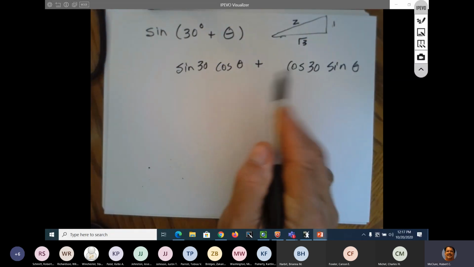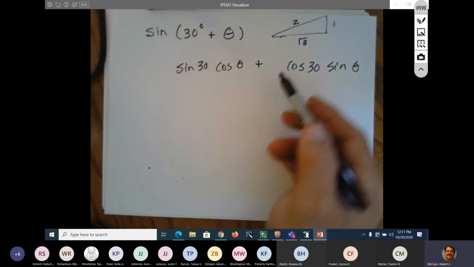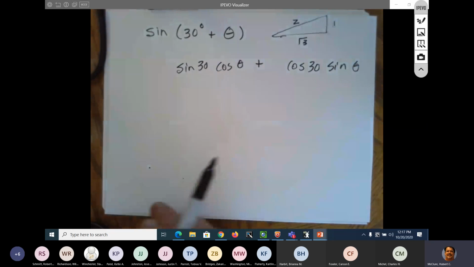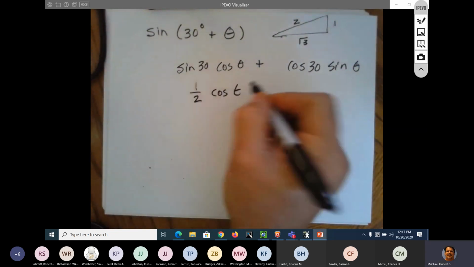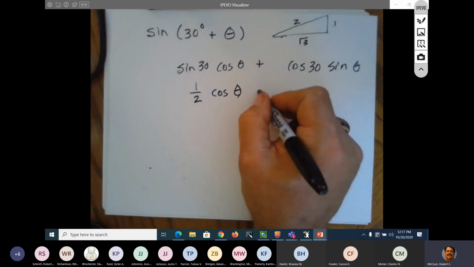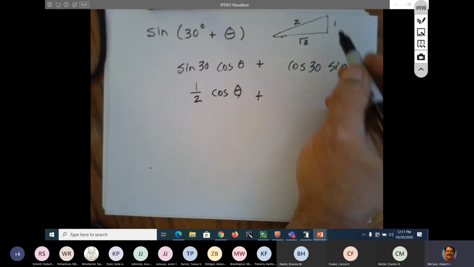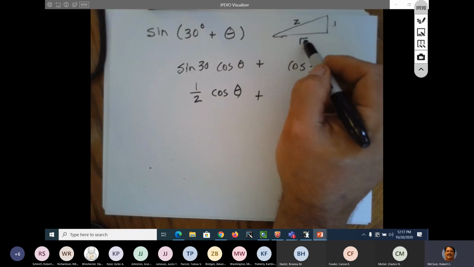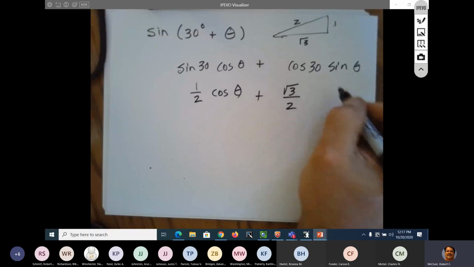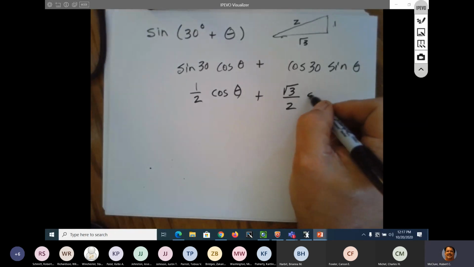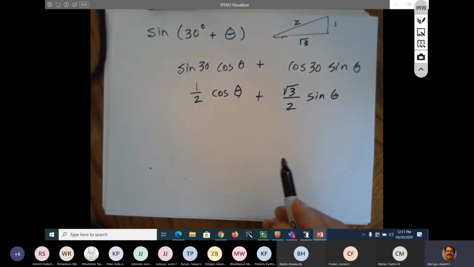So sine of 30 is going to be 1/2 times cosine of theta, plus the cosine of 30, which is square root of 3 over 2, times sine theta. That's it.